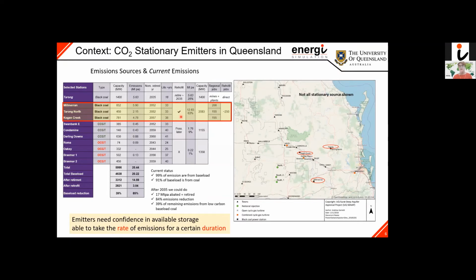And older power stations also, they tend to become more efficient with time. Often they can healthily operate for a good time longer than they were initially designed for. Now, if these stations are to be retrofitted to capture CO2, and it is a very expensive investment, they need to be confident in the availability of storage and especially the ability to take the rate of emissions that they're capturing for the duration that they will be doing so.